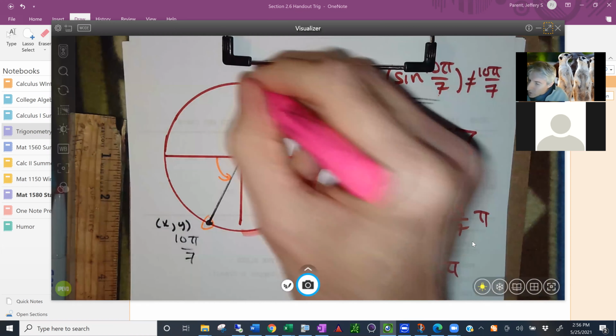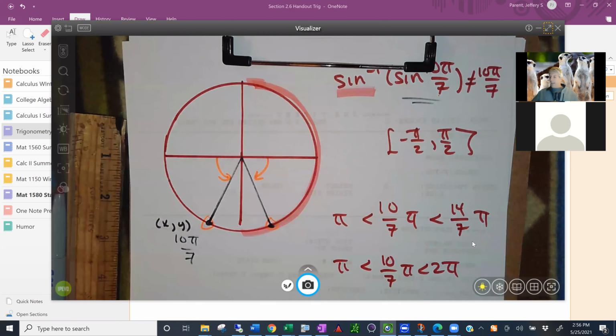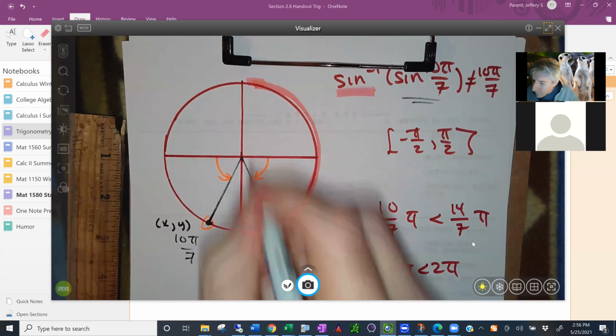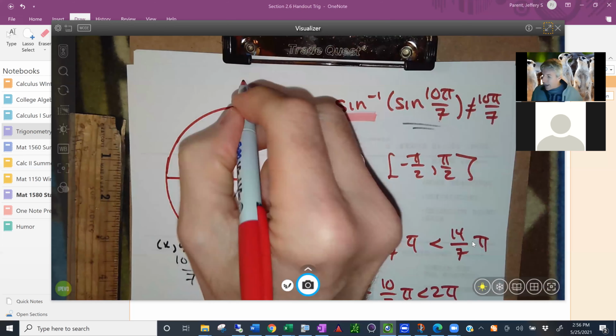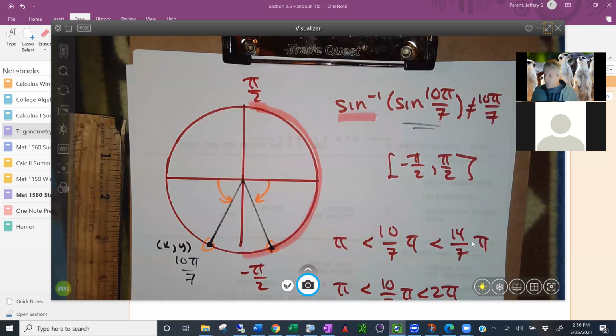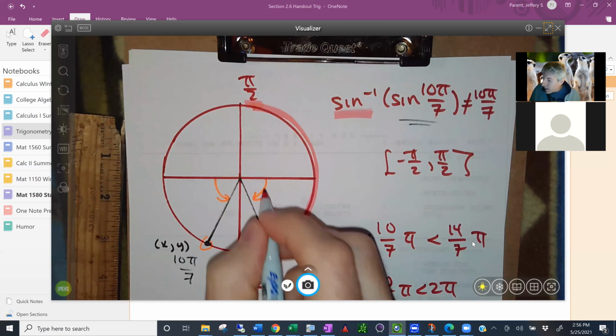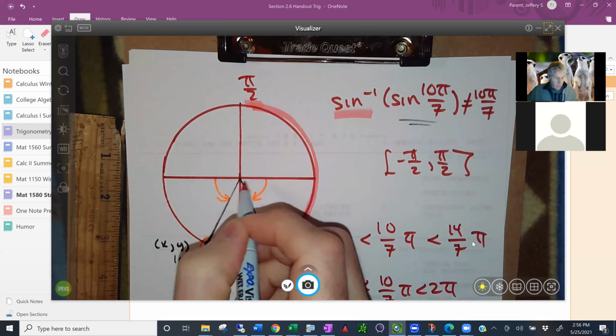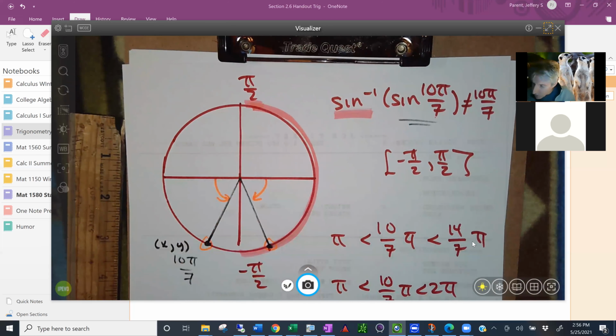When I take the inverse sine, I'm going to get an angle here. So I need to find something in the range of negative pi over 2 to pi over 2 that has this y coordinate. So I got to go a negative angle instead of what I started out with, which is this positive angle.